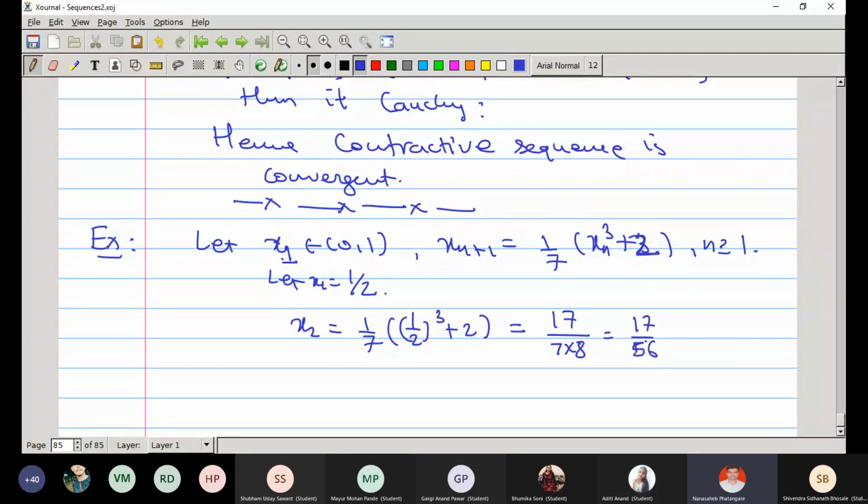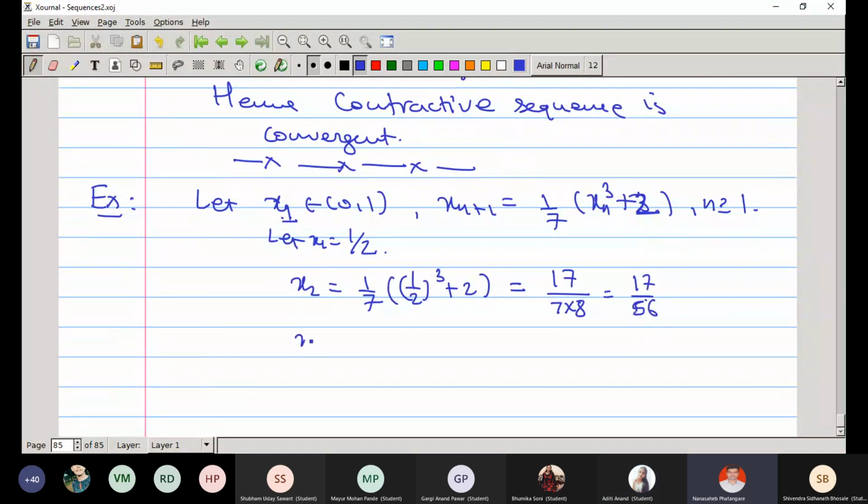So this is x2. Similarly you can calculate x3 and so on. So these are the terms. Now we want to prove that xn is contractive. Now we want to prove that this sequence is contractive.